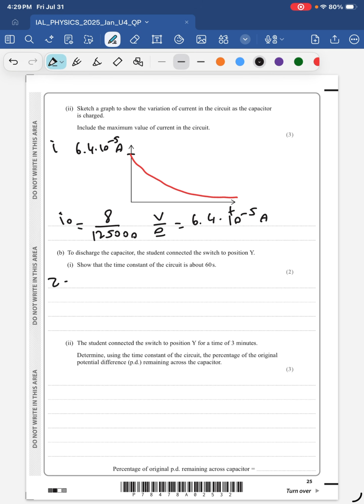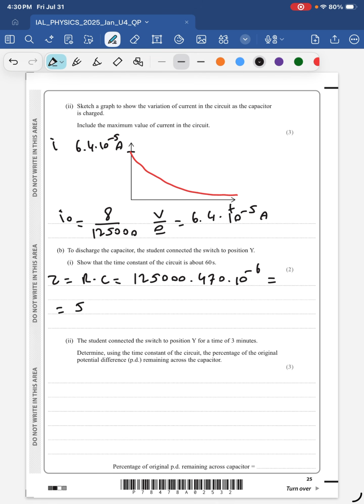The time constant is RC, so 125,000 times 470 times 10 to the negative 6, which is 58.75 ohms times farad, which evaluates to about 60 seconds. Shall I show you why ohms times farads is seconds? No, let's save time. We've done this enough times.